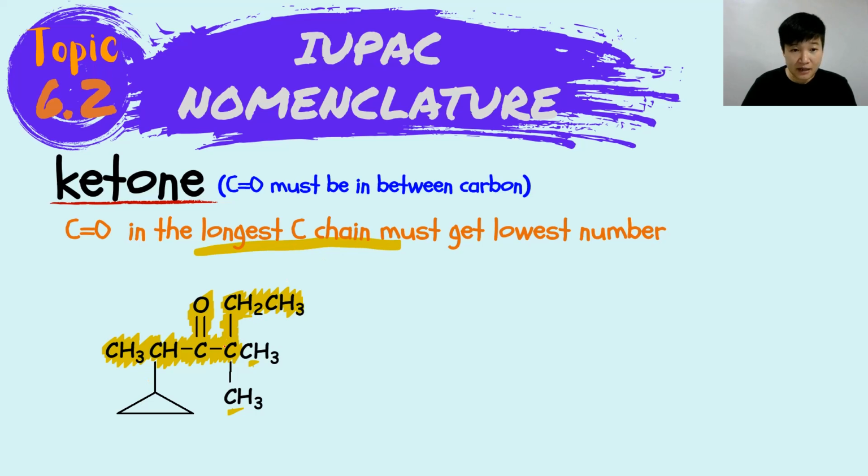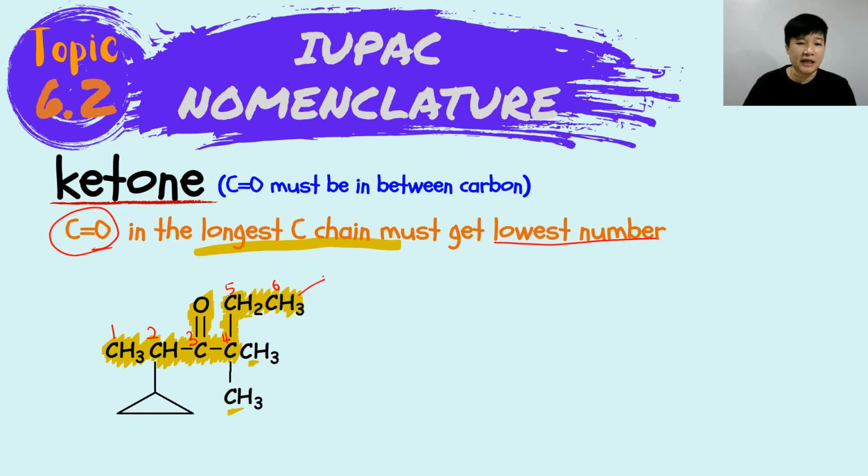And my longest carbon chain right now deserves the position of C double bond O at the lowest number. So counting from the left or counting from the right. Counting from the left, obviously, because your C double bond O will be at carbon number 3, 4, 5, 6. 6 carbon parent again.